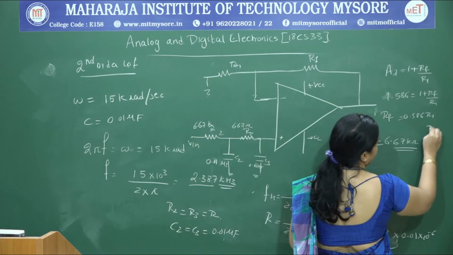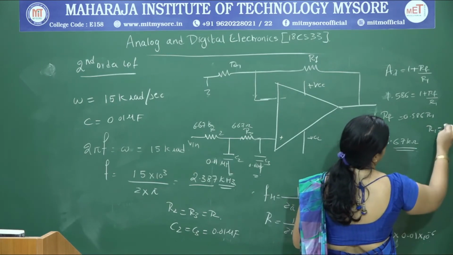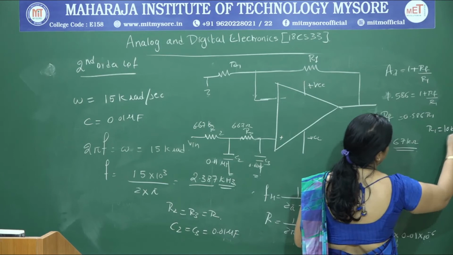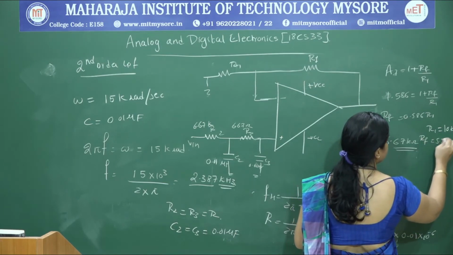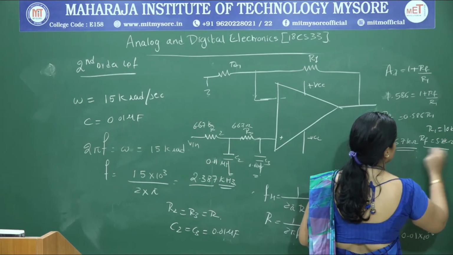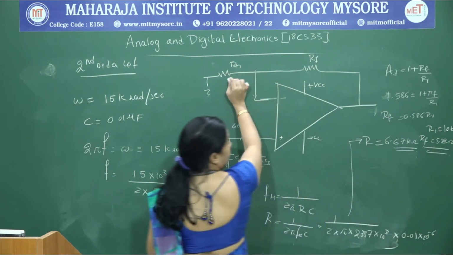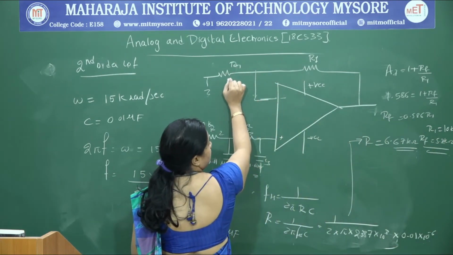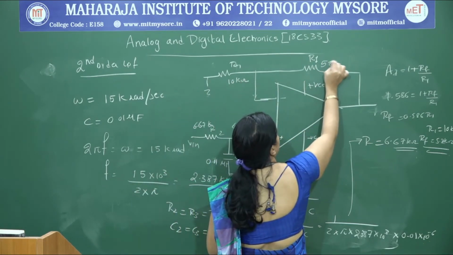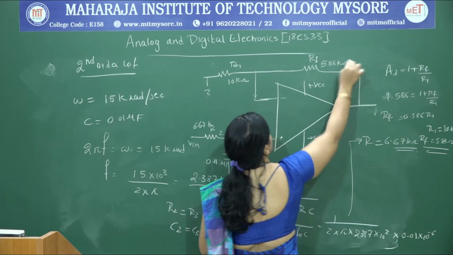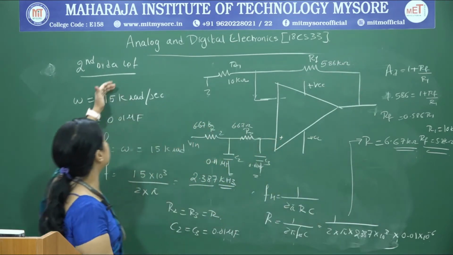If I choose R1 as 10 kilo ohm, RF is going to be 5.86 kilo ohms. So we end up getting an R1 of 10 kilo ohm, and RF of 5.86 kilo ohms. So this suffices the given requirement.